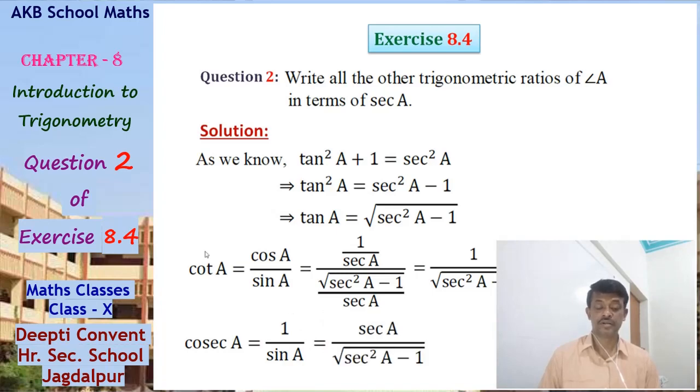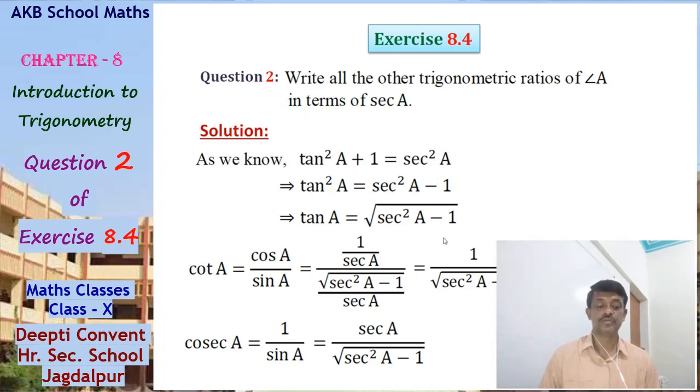We got earlier root sec square A minus 1 upon sec A. So sec A goes to the numerator. Thus cosec A equals sec A upon root over sec square A minus 1. That's how we get all 5 ratios, tan A, cot A, cosec A, cos A, sin A, in terms of sec A. So this was the question second of exercise 8.4.